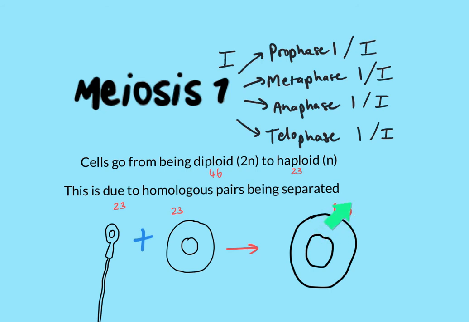And this 46 is as a result of having 23 pairs. So you get 23 individual chromosomes from your dad's sperm cell, 23 individual chromosomes from your mom's egg cell, and those 23 chromosomes 1 to 23 join together to make 46, which is 23 pairs.